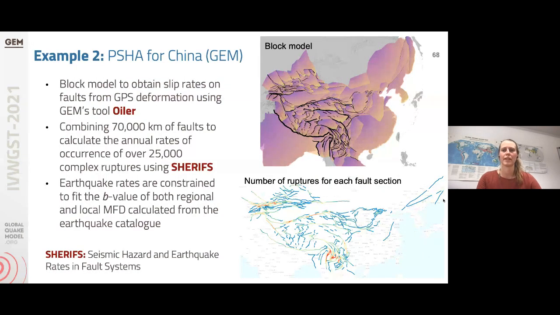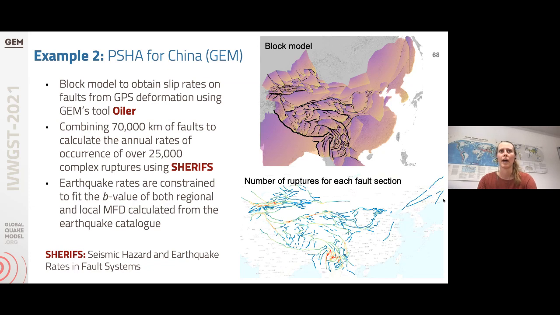The second example is the PSHA for China. And this is, again, an opportunity to advance some of the methodologies that we've been developing or exploring at GEM. In addition to using SHERIFS to produce multi-fault, complex ruptures, China is an area where there are many known faults, but not as many known slip rates.